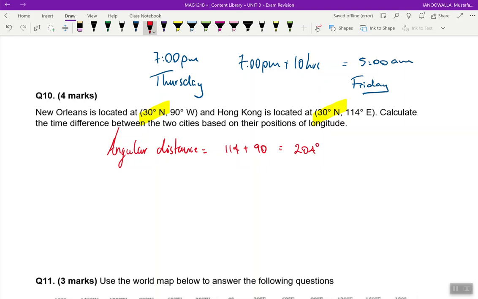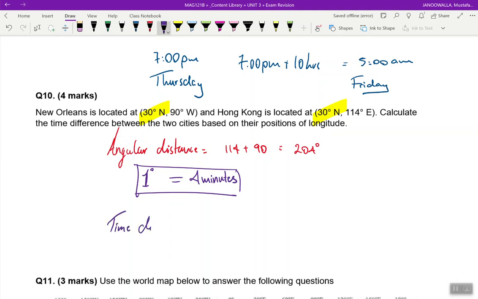So that's 204 degrees, and now you need to know that 1 degree is equal to 4 minutes. Okay, so this you're going to have to remember. So if I've got 204 degrees, the time difference, which is what we're trying to look for, will be 4 times 204.